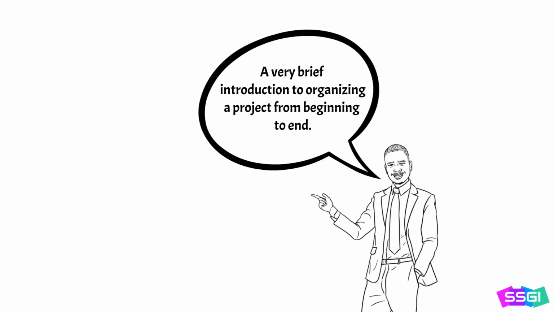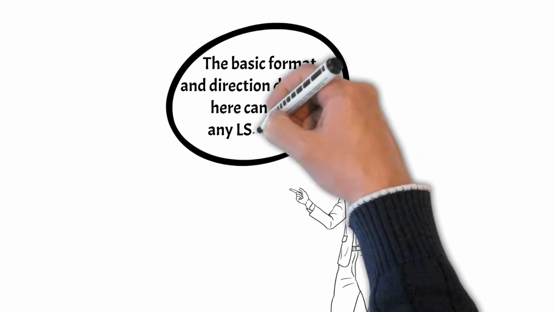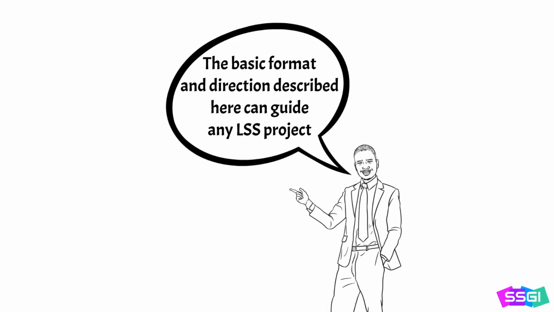That's it. This is a very brief introduction to the way we would organize and manage a Lean Six Sigma project. While your project may involve other tools and is likely to go into greater statistical depth, the basic format and direction described here can guide almost any Lean Six Sigma project.